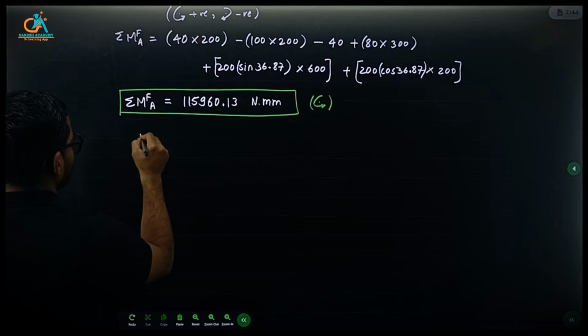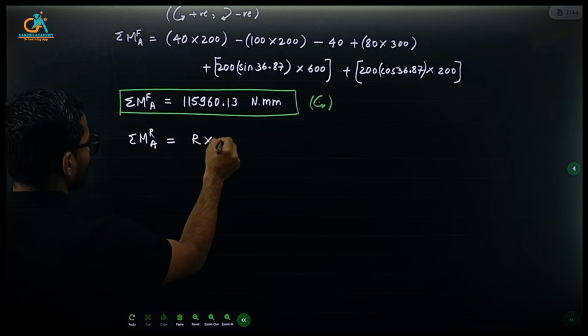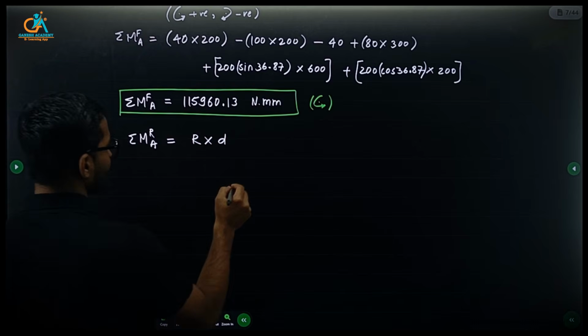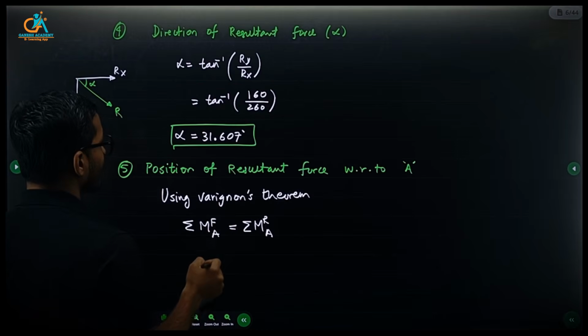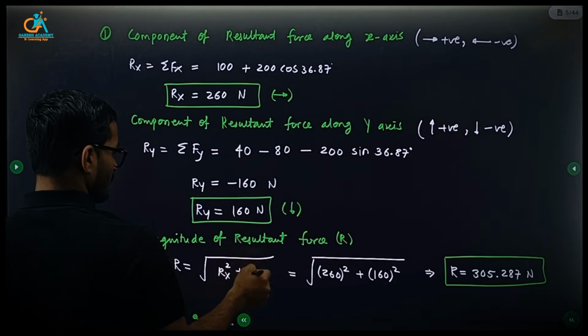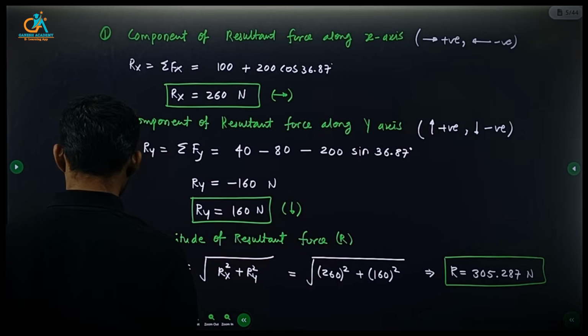Now moment of resultant force about A is R into D, where resultant force R is 305.287.